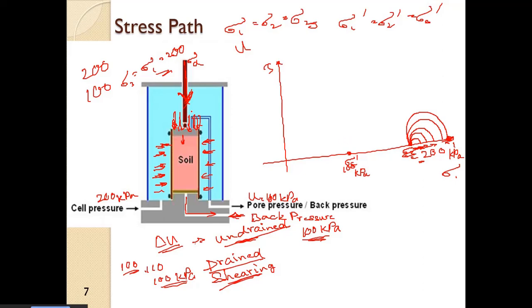So whatever sigma d we apply, the same amount of increment in effective stress will also occur. So we have the effective stress Mohr circles developing.